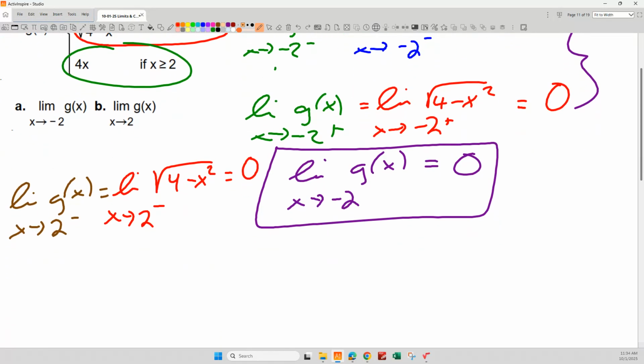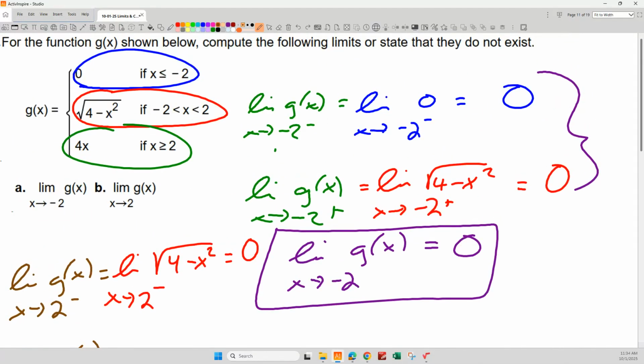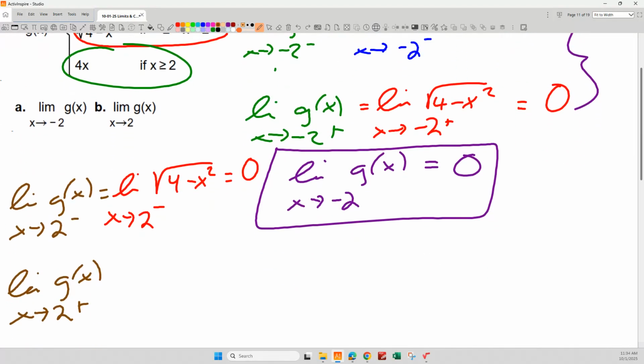Okay, now last one. How about the limit of g of x as x approaches 2 from the right? Which domain am I in? What color? Green. They want values of x greater than 2, okay? So I'm taking the limit of 4x as x approaches 2 from the right.